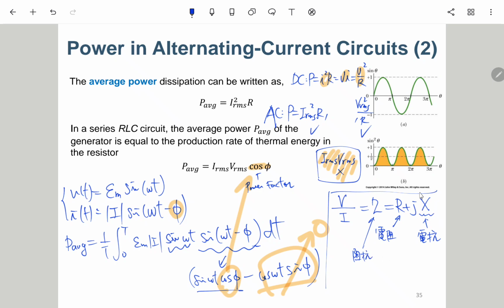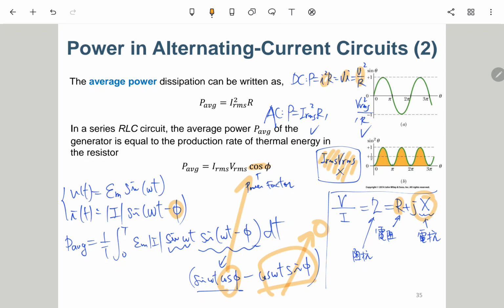So this is X. If we would like to consider the power consumption, it is only related to the real part. For this imaginary part, it is just storing the energy there and then just oscillating inside.